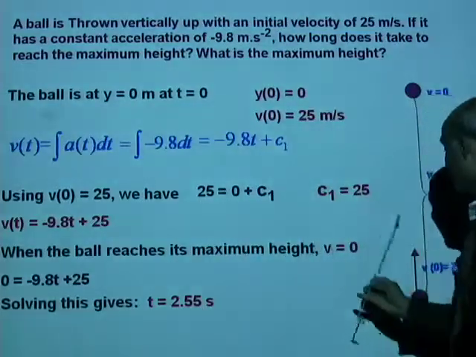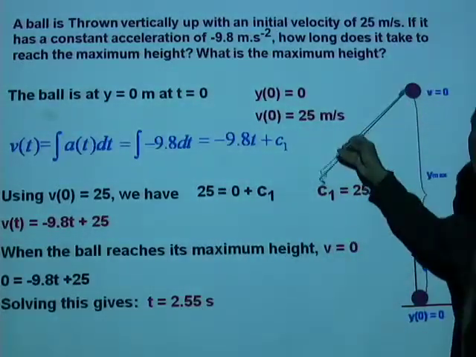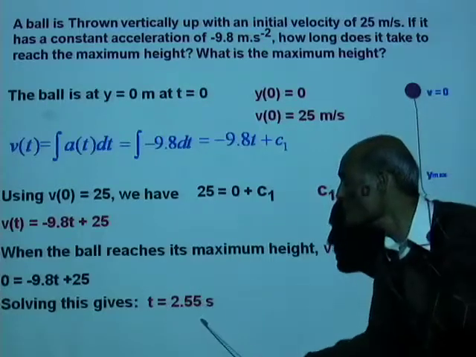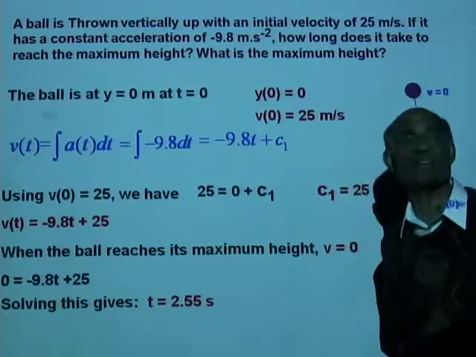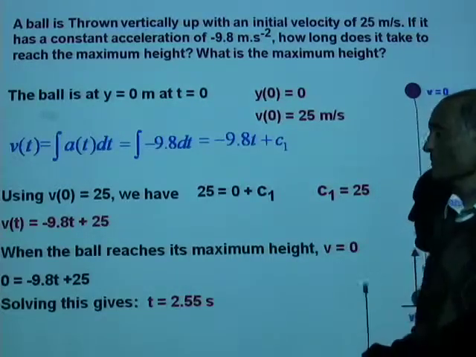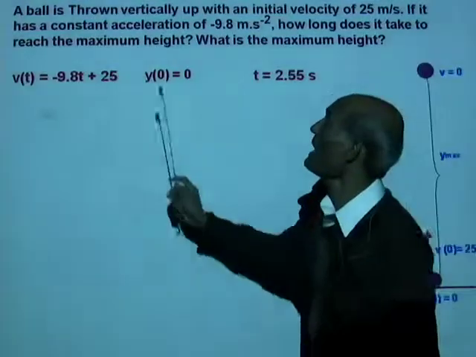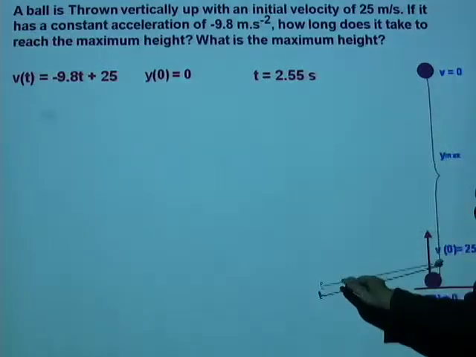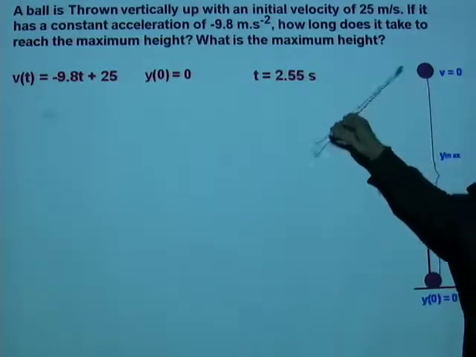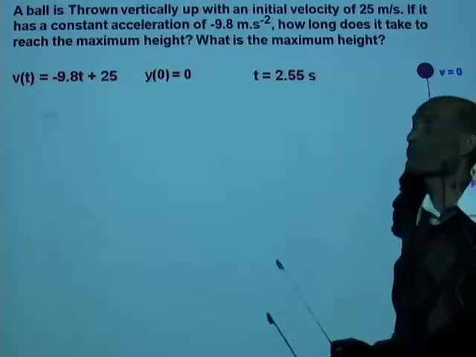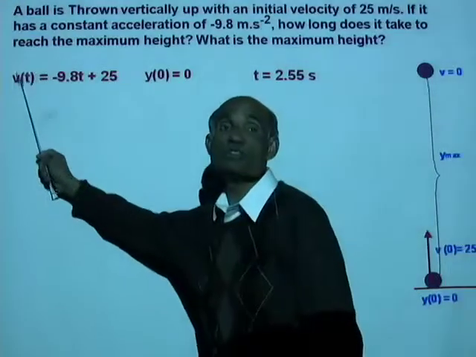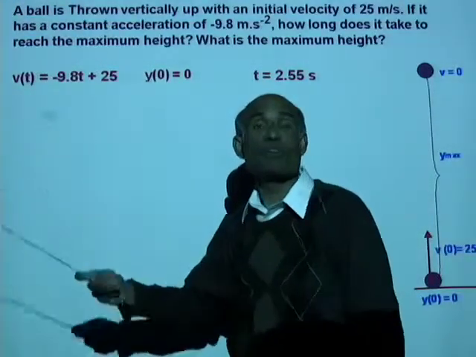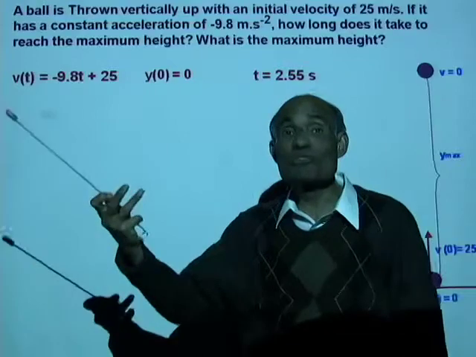In other words, what is the position y when t equals 2.55 seconds? That is the question. We now have the velocity function, and the time taken by the ball to reach the maximum height is 2.55 seconds. By using the velocity function, we can obtain the position function.